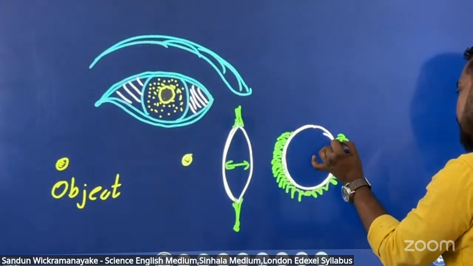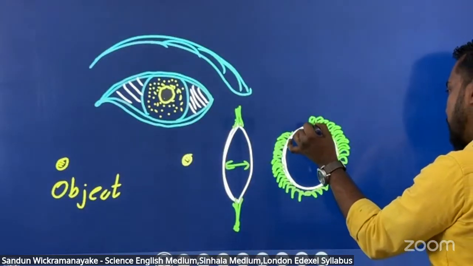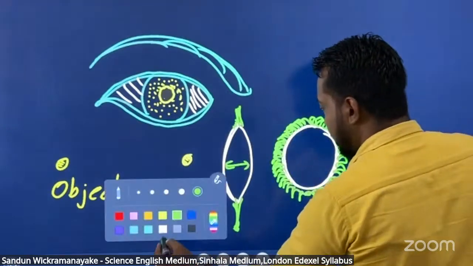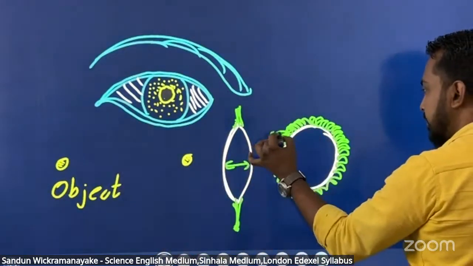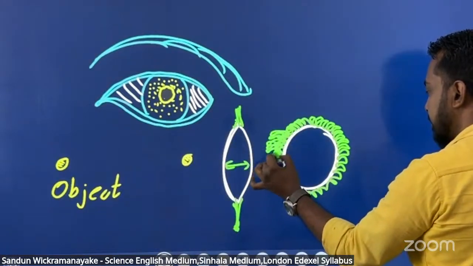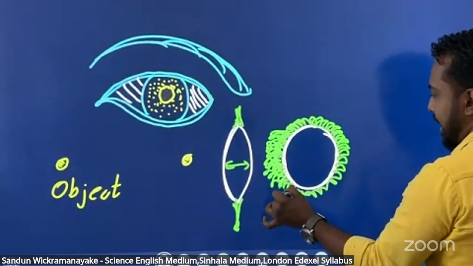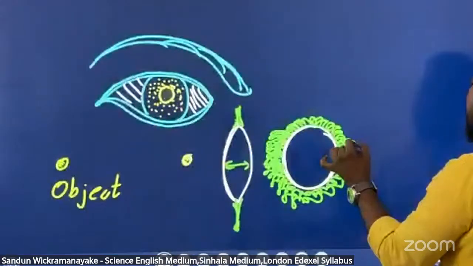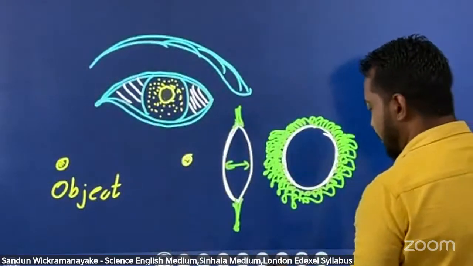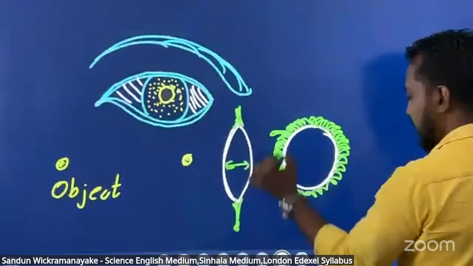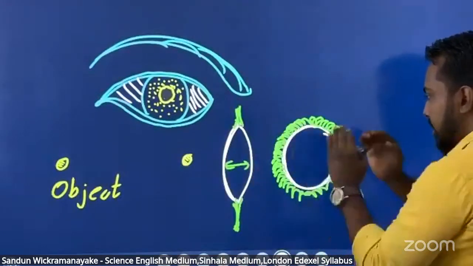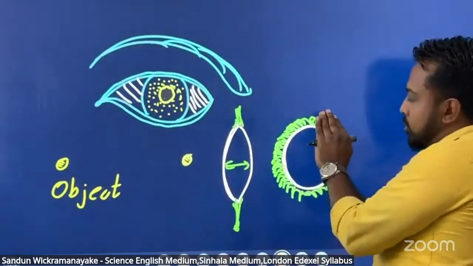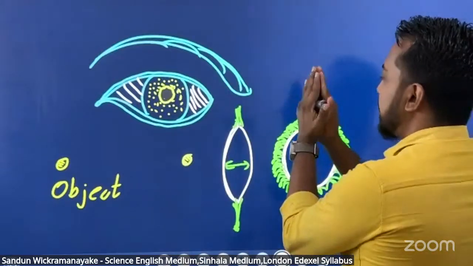If we need to watch an object away from you, these muscles stretch like this, and the shape of the lens is going to be like this.